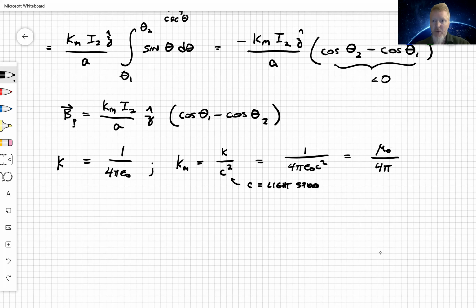The 4 pi is still there, and mu naught has to be related to epsilon naught c squared. If you really want to call that another constant, that's great. I'm not going to do that, but you're welcome to. I like writing epsilon naught c squared, and that's just the way I do it.